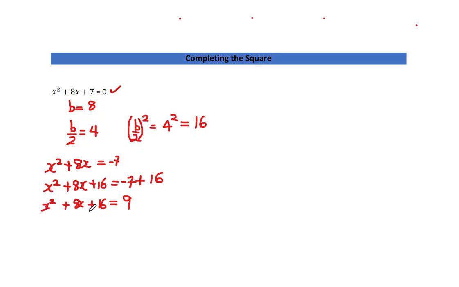And this is very important at this stage, which is why I had singled out the b over 2 value here. The b over 2 value was 4. So what you're always going to do is that you're going to end up with the factors of the rewritten form of the quadratic equation.